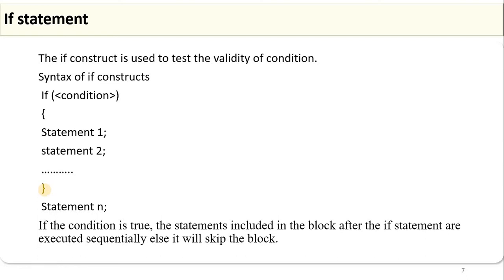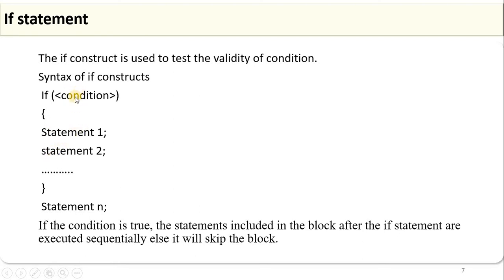That is, you don't need to enclose the statements within curly brackets if there is only one statement. If there is a set of statements, you need to enclose the if block within the curly braces, and then the next statement, statement n. This is the syntax of the if statement.